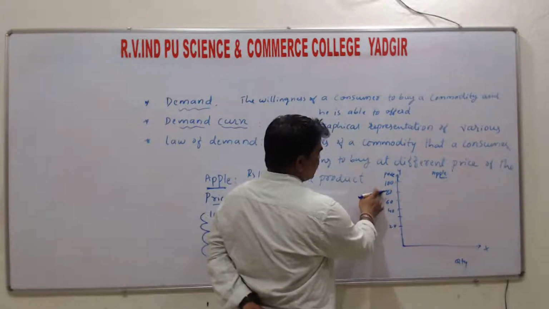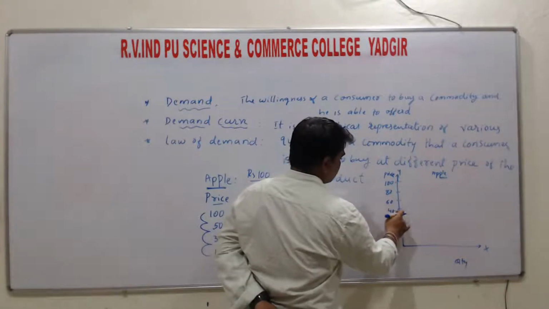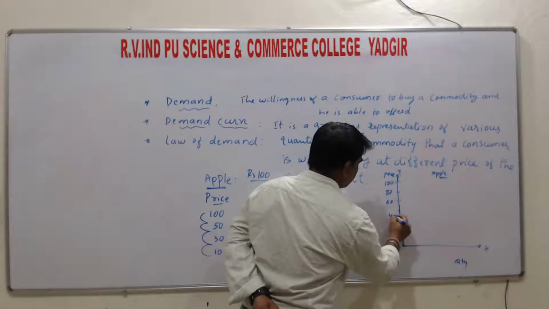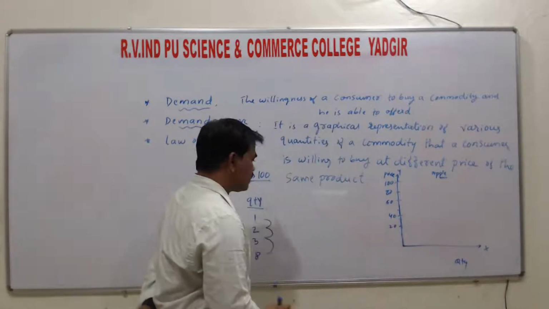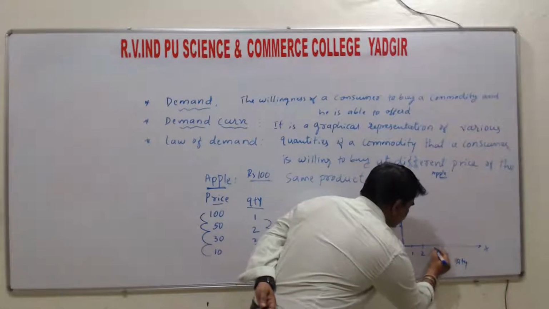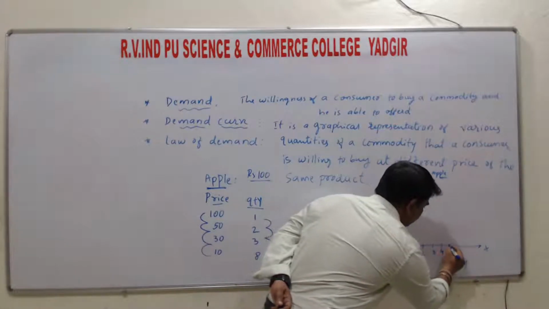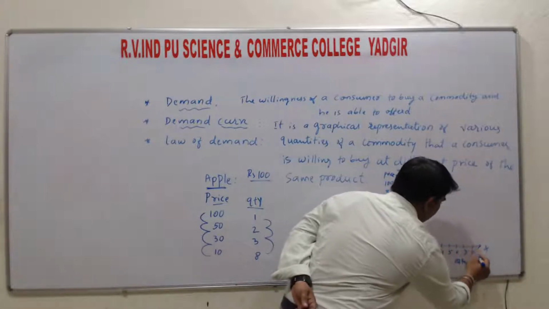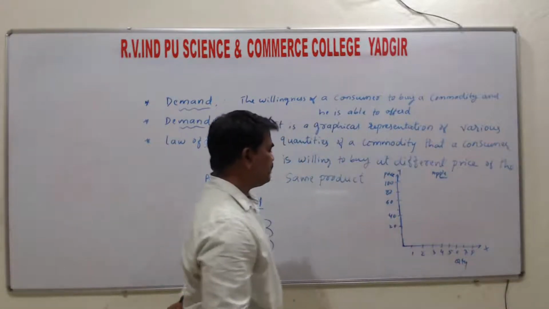$20, $40, $60, $80, $100. Quantity here is, okay.